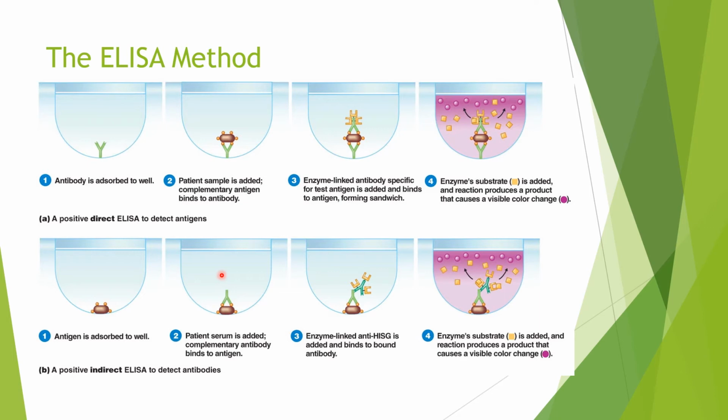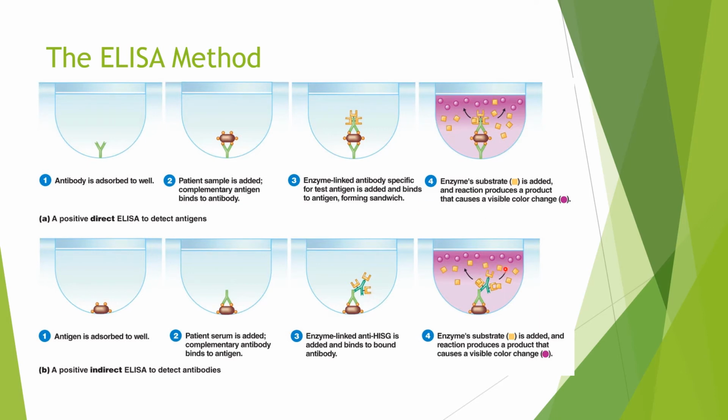And so what we do is we add the secondary antibody, which is capable of binding to the patient's antibody. And that secondary antibody, as I said, is a bit special because it has enzymes linked to it. So those enzymes, one more time, have those active sites.